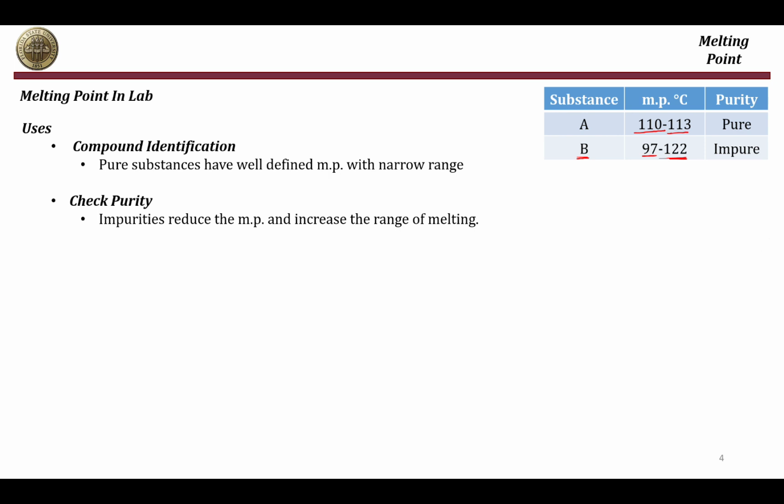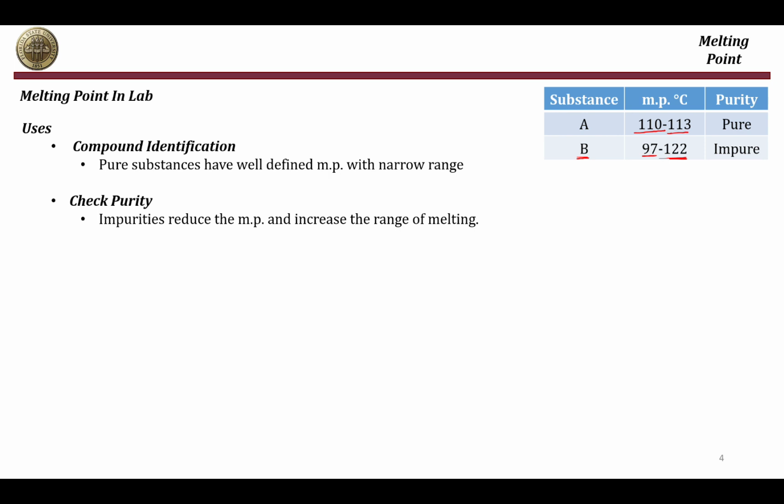And as I said before, impurities will reduce the strength of the intermolecular forces, and this lowers the melting point. Also, because the impurity itself is going to melt at some point, while measuring the melting point, some of the molecules will melt at a low temperature.